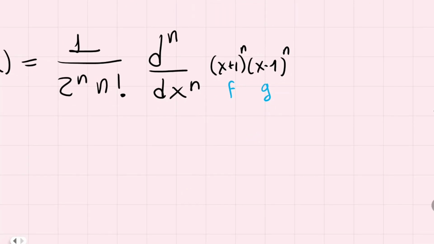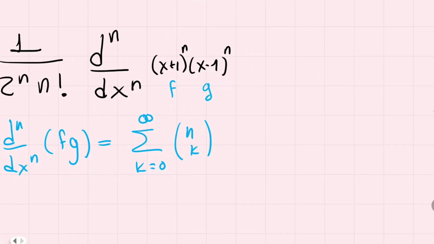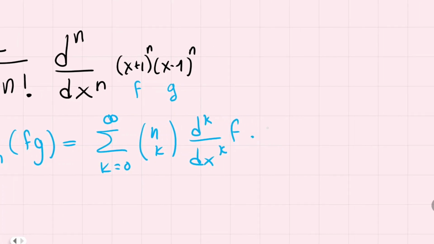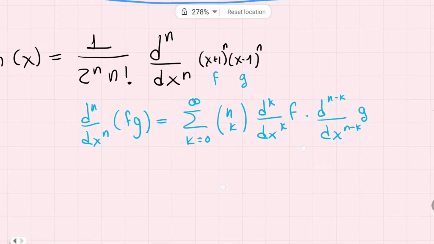And the general Leibniz rule says that the nth derivative with respect to x of a product f times g, well, it will be equal to the sum from k equals 0 to infinity of n choose k times the kth derivative with respect to x of f times the n minus kth derivative with respect to x of g.